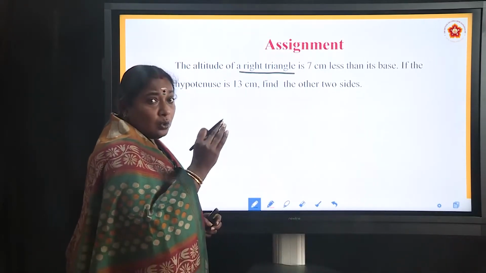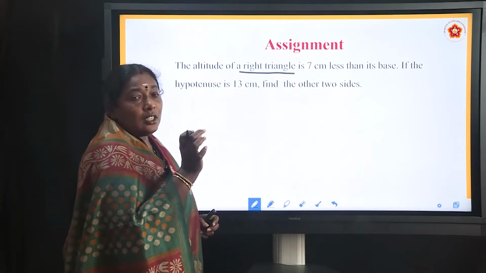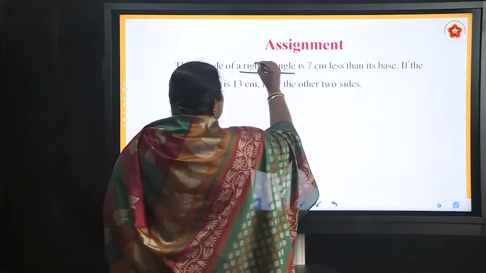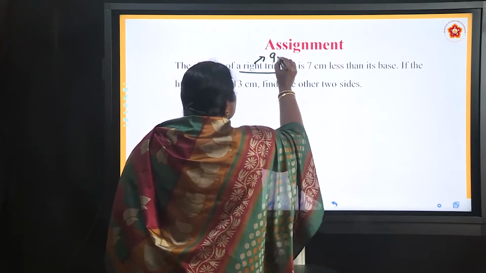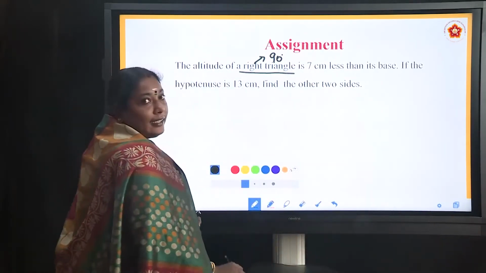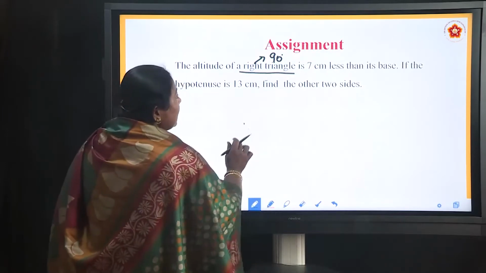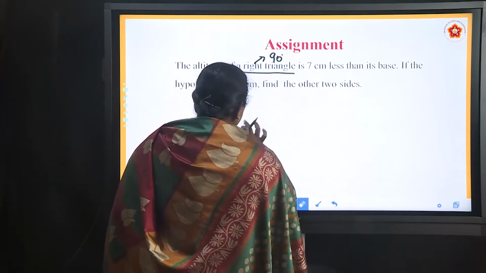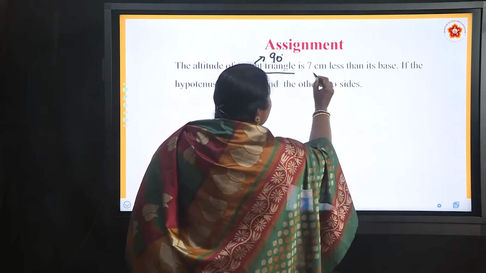What is the meaning of that? That means this is giving 90 degrees as one angle, correct? 90 degrees as one angle.